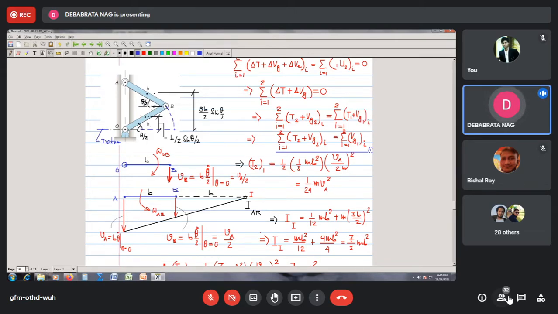That means when theta becomes 0, the link OB will be something like this and the link AB will be something like this. Both will come and become flat, correct? Now this member, when theta is equal to 0, is supposed to be rotating about its permanent center of rotation.